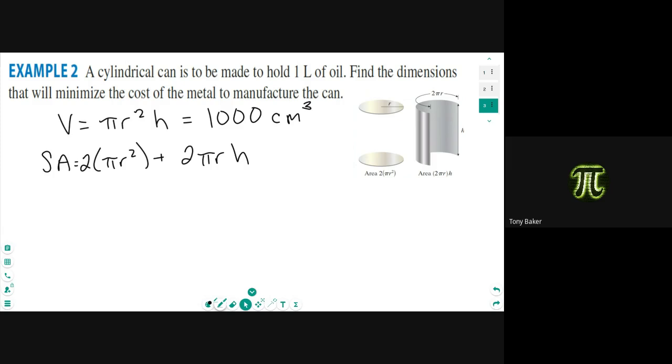You do it, that is mathematically correct. Solve for one.